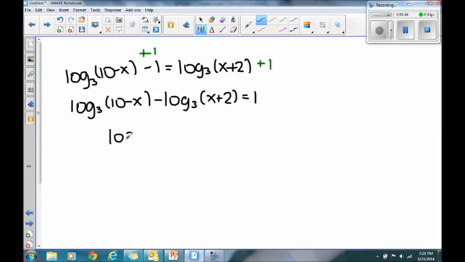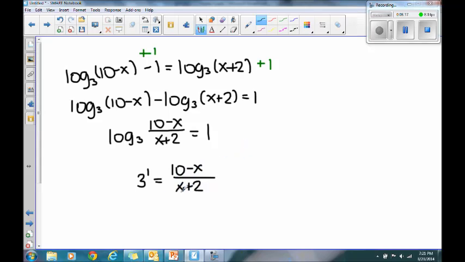And in this case, we have a minus sign in between, which means instead of a product, I'm now going to create a quotient from those two terms. When I have log base b of stuff equals y, now I can go to my exponential form. The base is 3 to the first power equals the stuff inside, which is this ratio.